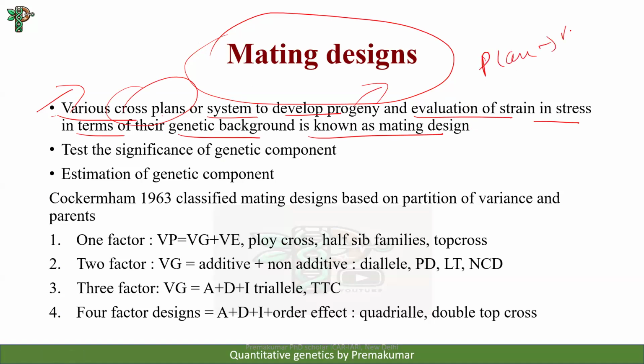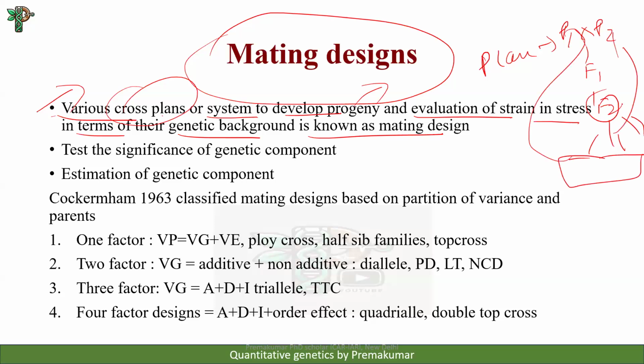For example, you cross parent 1 and parent 2 to get F1 and F2, select randomly from F2, and analyze it, or you can make different crosses, create the progenies from the crosses and evaluate them. It means controlled crossing in a definite fashion, creating progeny, evaluating the progeny, and estimating the desired estimate. This is what mating design means.